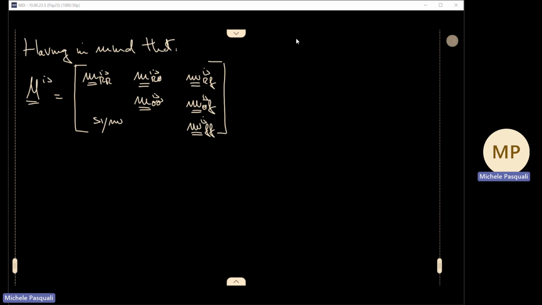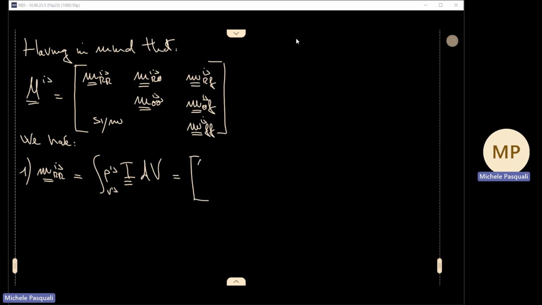we have one. MRRIJ is basically, from the calculation that we have carried out so far, just the integral of the density multiplied by the identity matrix. And this is, of course, Mij 0, 0, Mij.